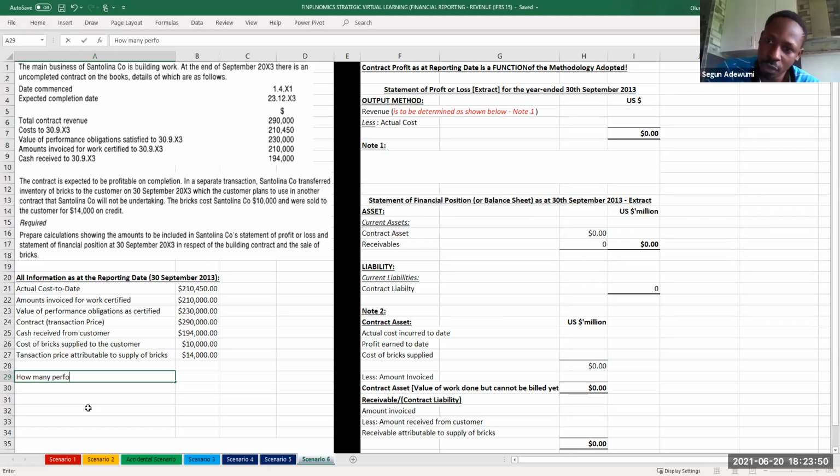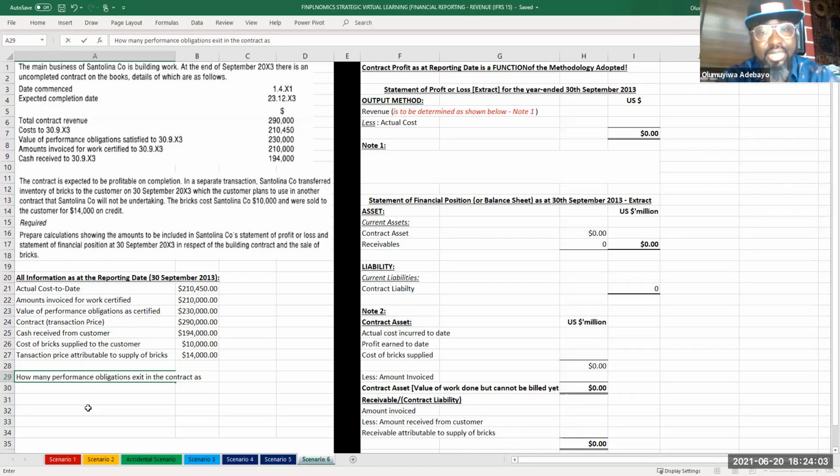So there's no basis for me to use the input method. Hence, I go with the output method. Okay, thank you very much. I think that clarifies it.